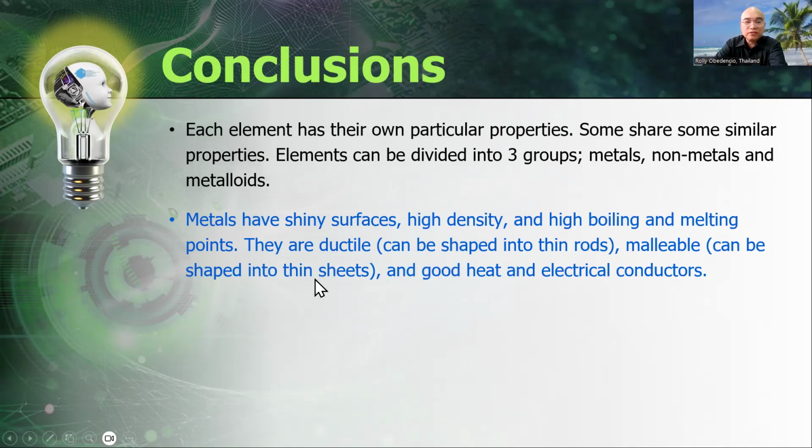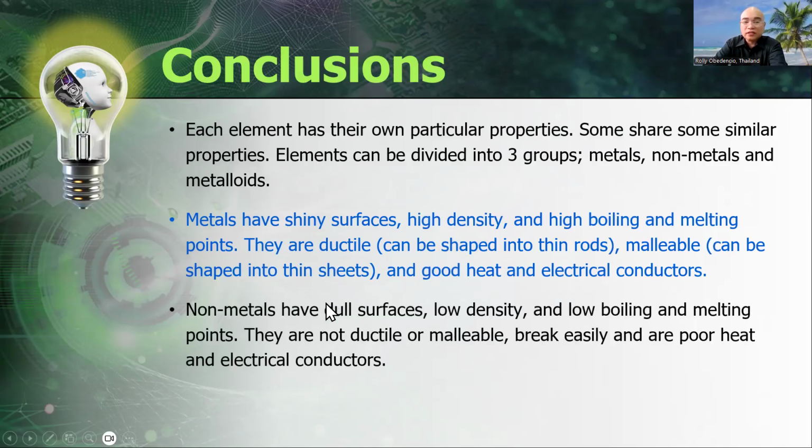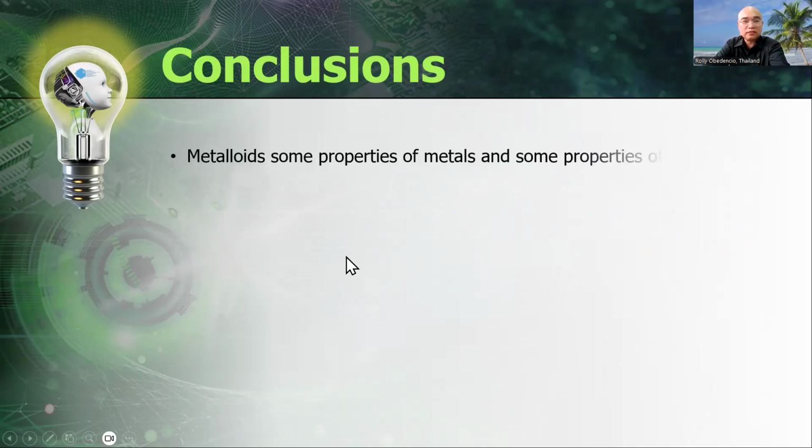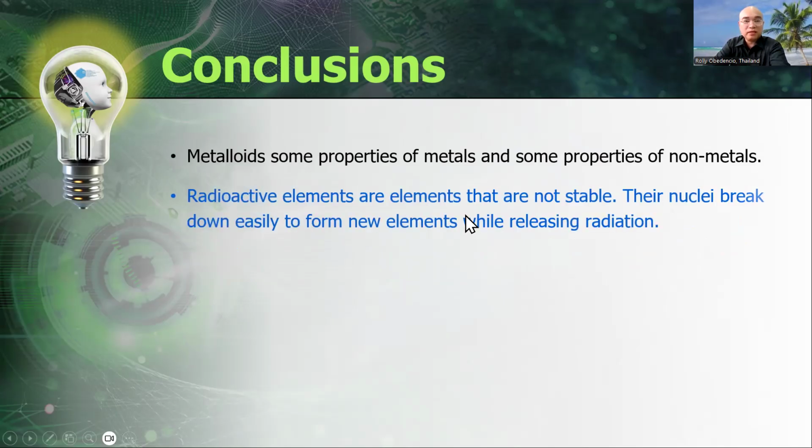Malleable, can be shaped into thin sheets, and good heat and electrical conductors. Nonmetals, on the other hand, have dull surfaces, low density, and low boiling and melting points. They're not ductile or malleable. They break easily and are poor heat and electrical conductors. Metalloids have some properties of metals and some properties of nonmetals.